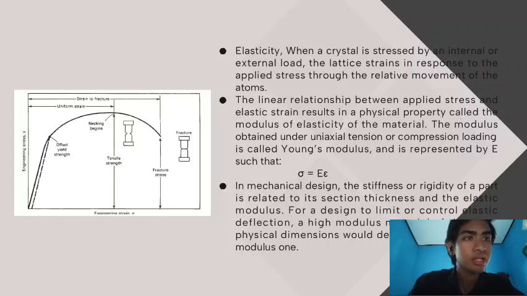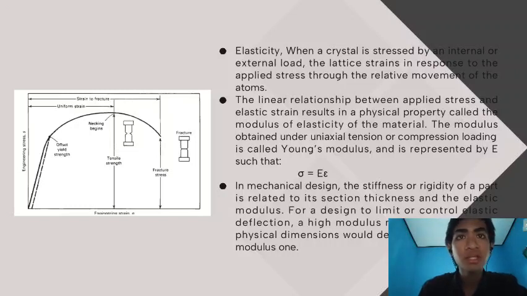The elastic constant under shear loading is the modulus of rigidity, or shear modulus G. Young's modulus and the shear modulus are related by the formula below, which involves Poisson's ratio, defined as the ratio of lateral strain to axial strain in a stressed material.